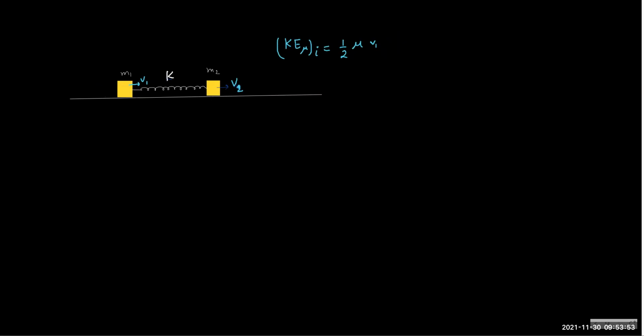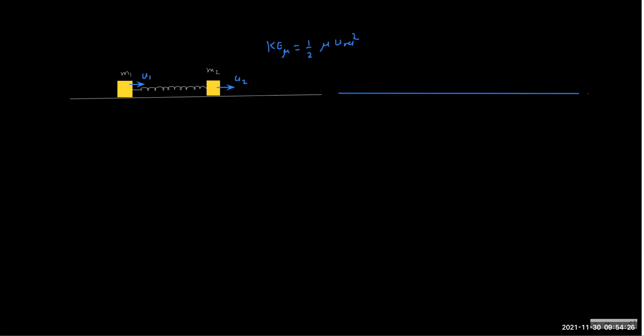To keep it in a general form, I will assume something like this. In the beginning, let's say this is going with U1, this is going with U2. So what is the kinetic energy of the system in the CM frame? What is Ke mu? The answer is half the reduced mass into U relative whole squared. That's it.